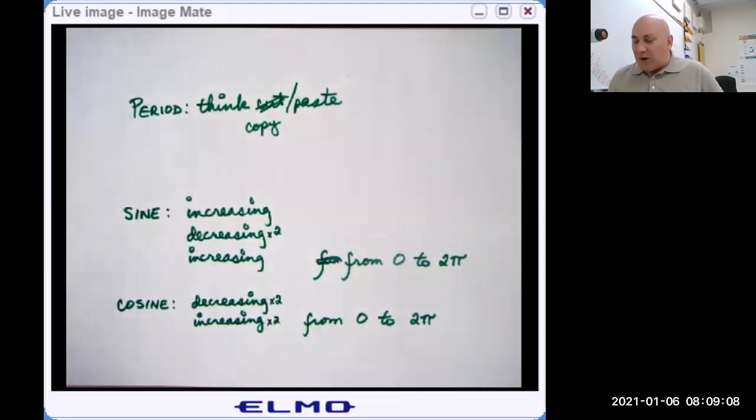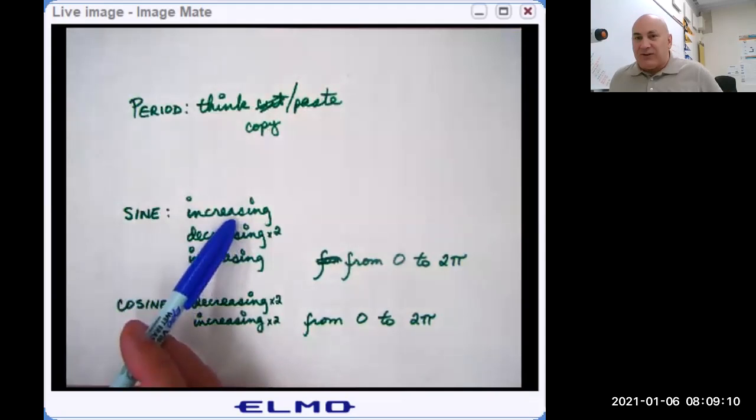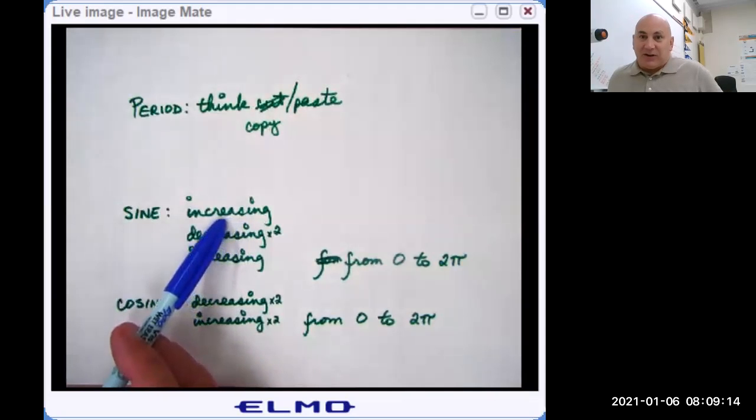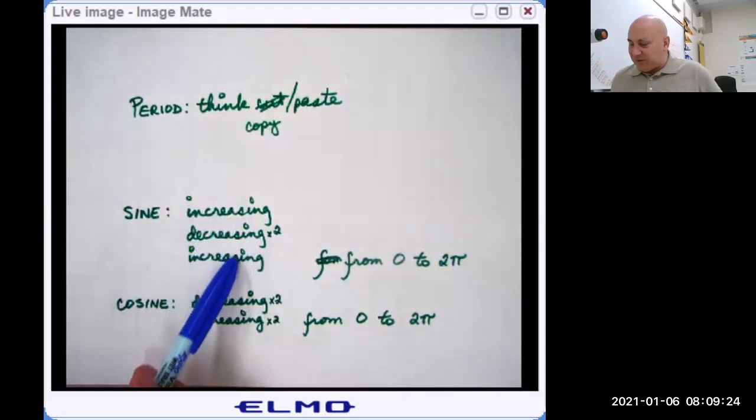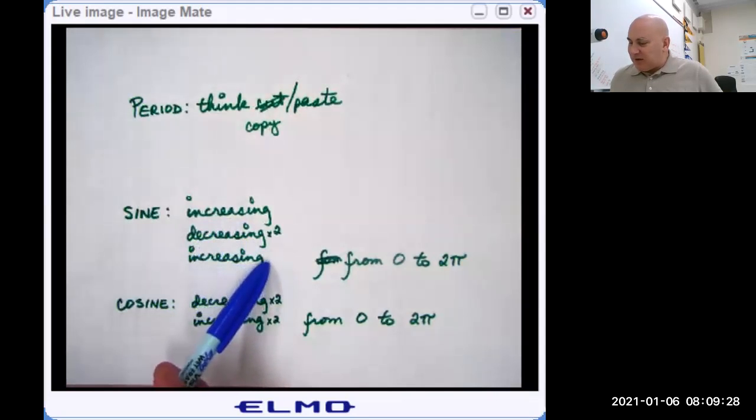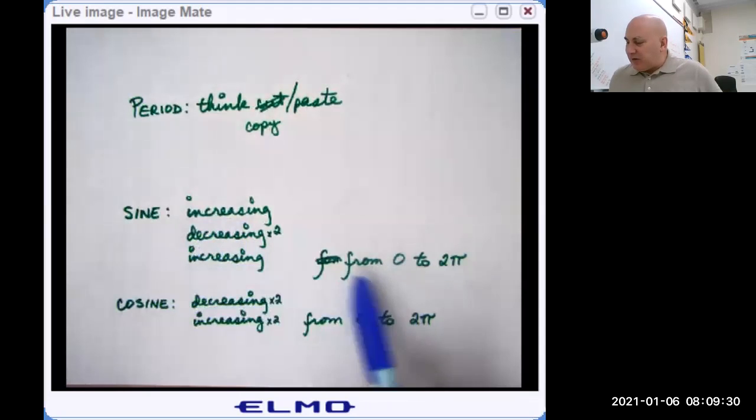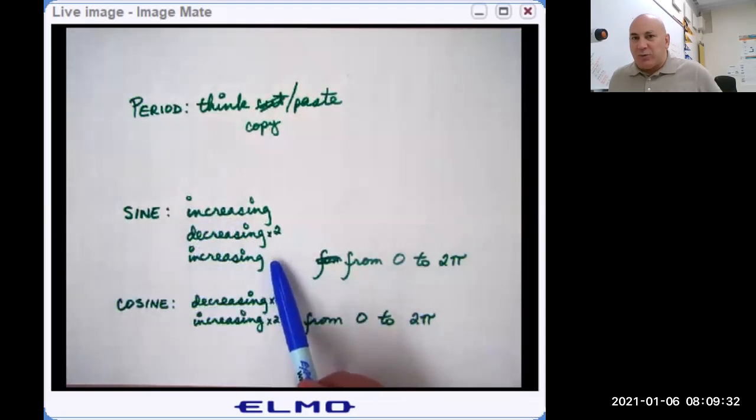So in the 4 quadrants, you'll notice in the first quadrant, sine is increasing, because it reaches a max at 90 degrees or pi over 2. Then in the next 2 quadrants, sine, the y value, is decreasing, goes down to -1. And then it's increasing, gets back to 0 at the end of 1 revolution around the unit circle.